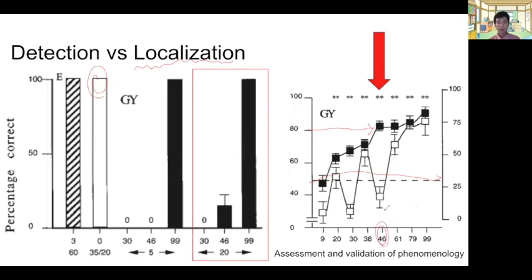However, in roughly 20% of the trials GY reported not seeing the stimulus. The proportion is slightly different from the detection task, and that's due to the nature of the report of visibility.